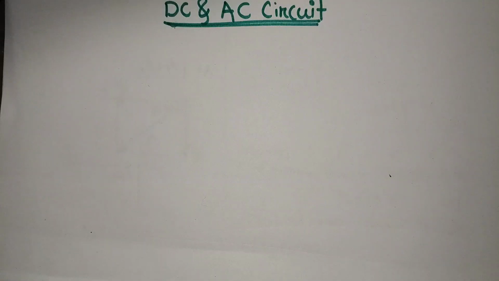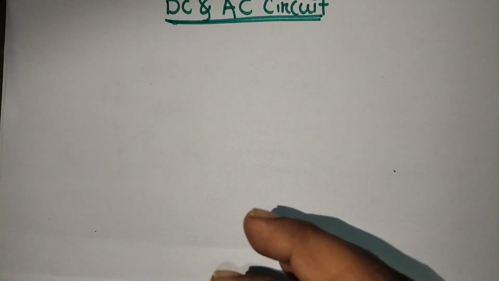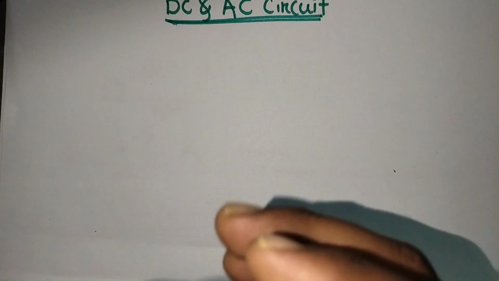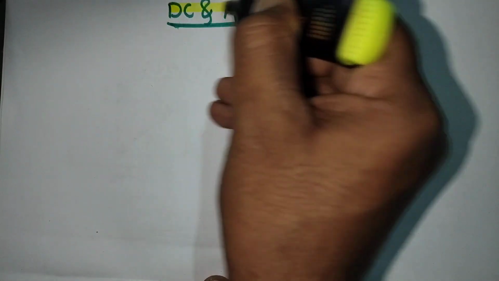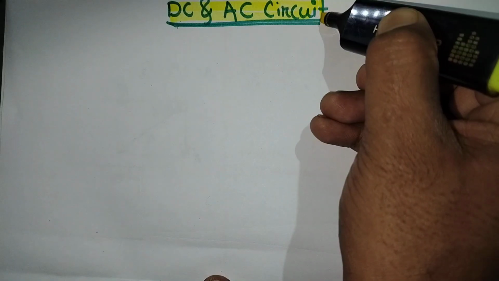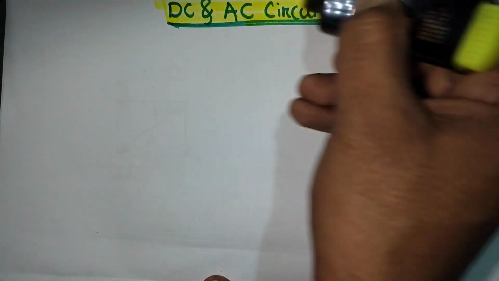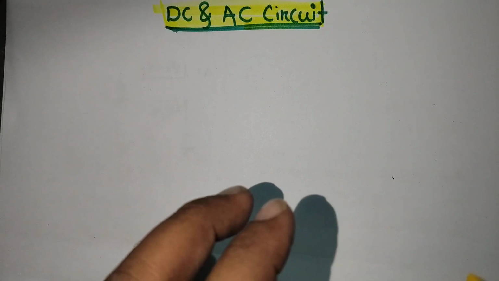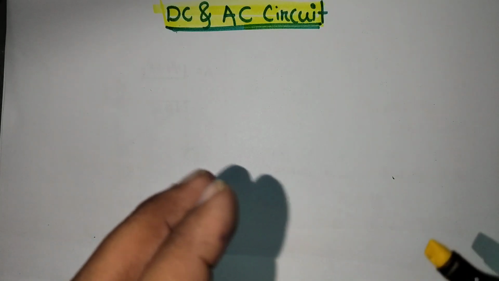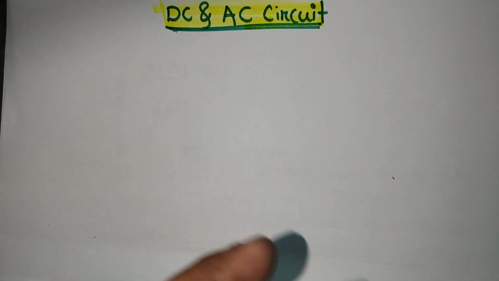In our last video, we covered what an analog circuit is and how it differs from a digital one. Today we will go one step forward and understand two fundamental types of circuit, that is DC and AC circuits, how they differ from each other, and what the behavior of those two circuits is in our electronics applications.